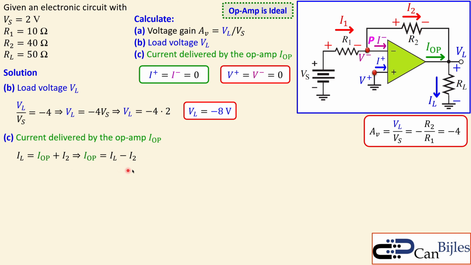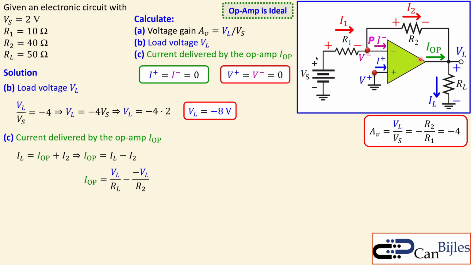Now the load current and I2 can be expressed in voltages and resistors. The load current is just VL over RL, and I2 is minus VL over R2, because the actual orientation is from left to right. If I measure the load voltage at this node, it must be inverted, so I see first the minus: minus VL over R2, and this node is virtually ground.